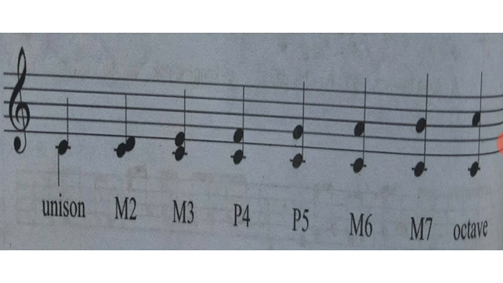So that's the difference of even number intervals and odd number intervals. So in even, the other one is in the line and the other one is on the space. While in odd numbers, both notes are on the space or on the line.